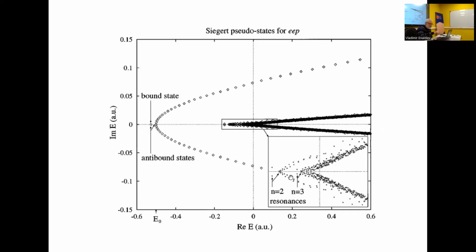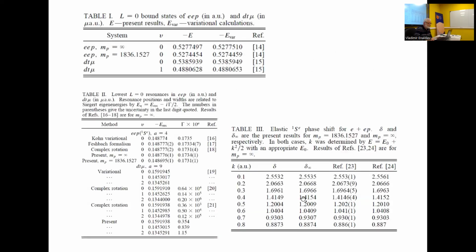Now, having this set of Siegert eigenvalues and using those simple algebraic relations which I showed before, we can do the following. The set of eigenvalues includes bound states. If we talk about H minus, these two values show the energy of the only bound state of H minus.